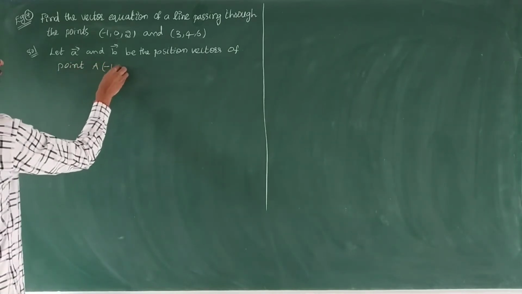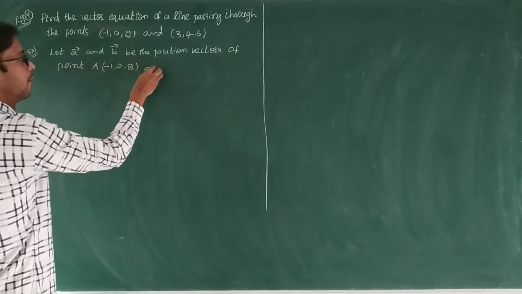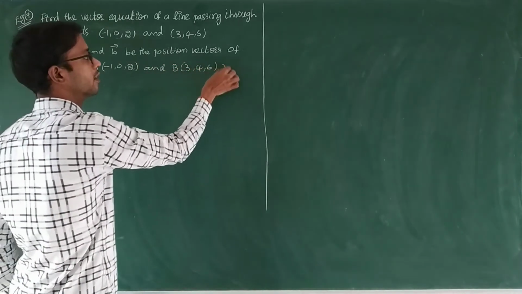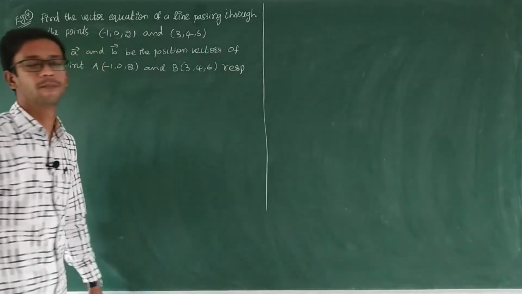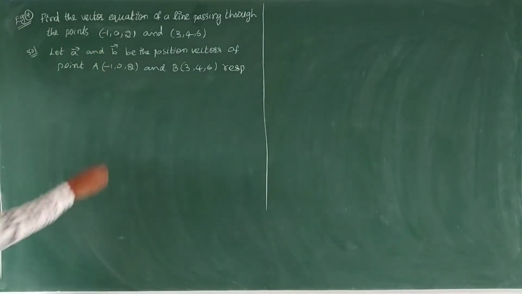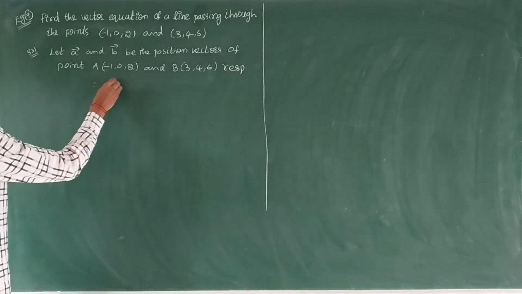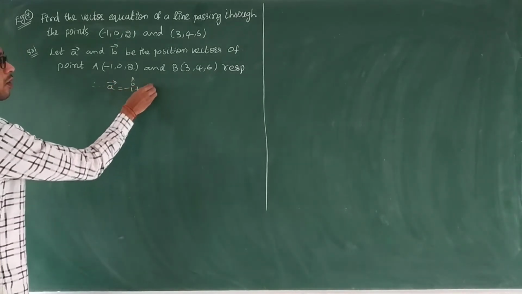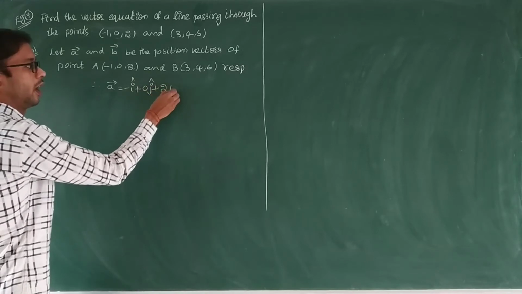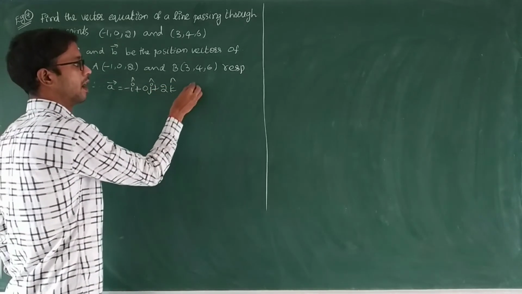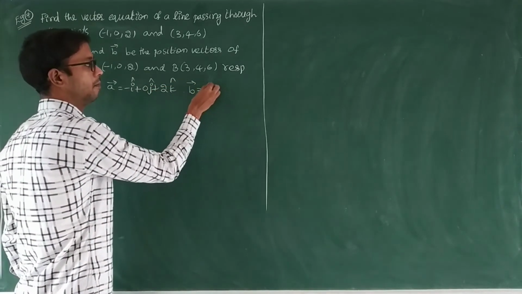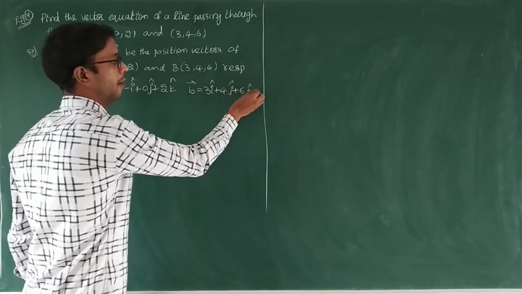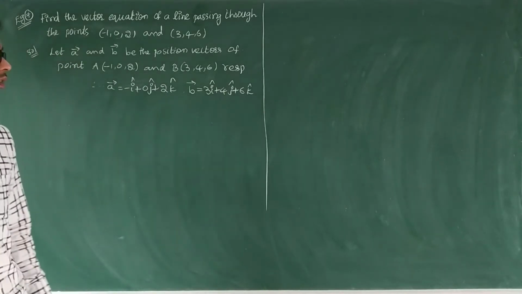First point I am taking as A. Therefore, A bar is equal to how much you can write? Minus i cap plus 0 j cap plus 2 k cap. B bar is equal to 3 i cap plus 4 j cap plus 6 k cap. For position vectors we know.